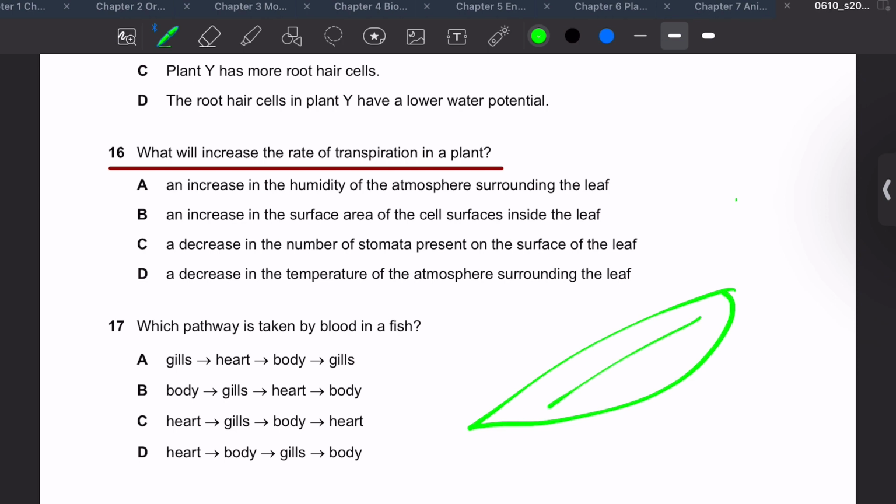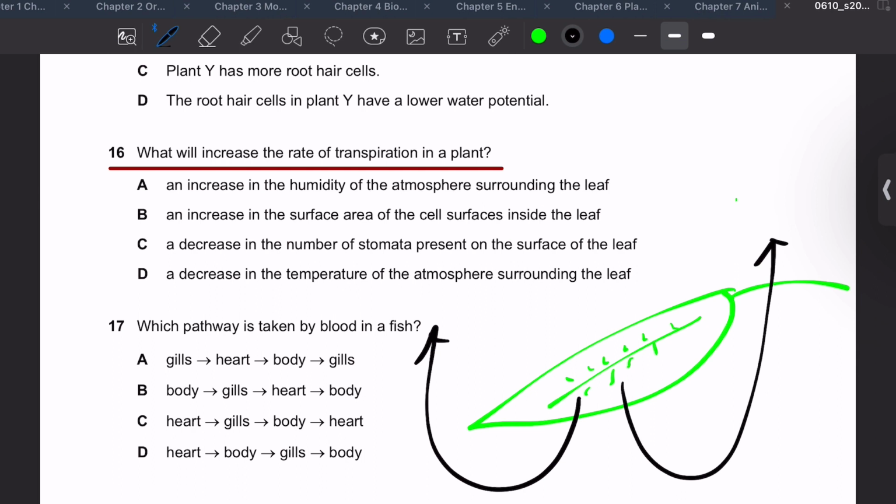Transpiration is the loss of water vapor by evaporation going out of the leaf, going through the holes called stomata. There are many pores called stomata, usually underneath the leaf.